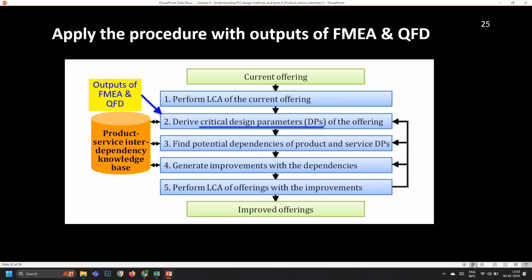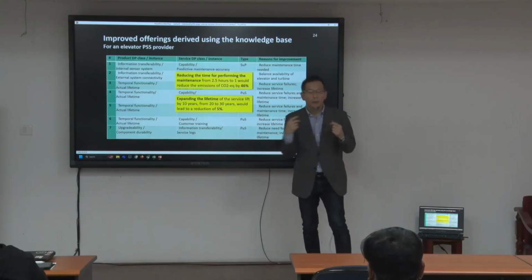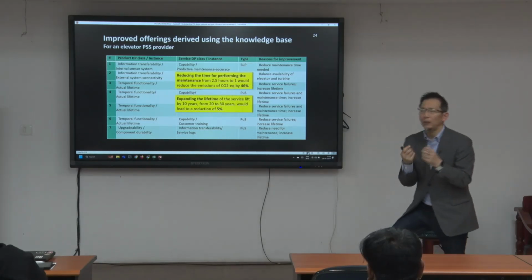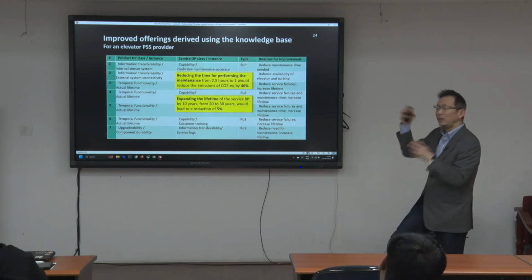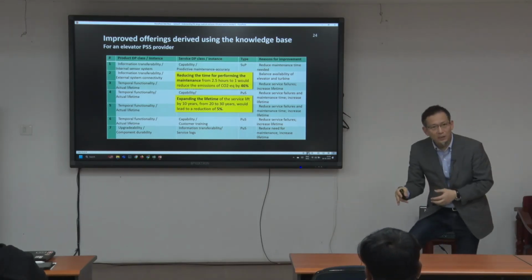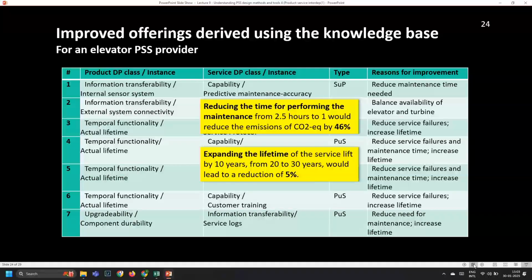So meaning that in this application, designers received the output from the knowledge base, and they brainstormed, and they came up with solutions, and then lifecycle assessment was performed for the improvement solutions, and the results are shown in this graph. Okay. Any question regarding this application?